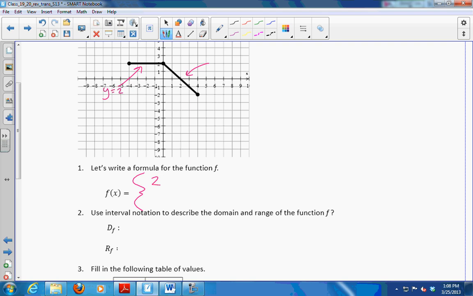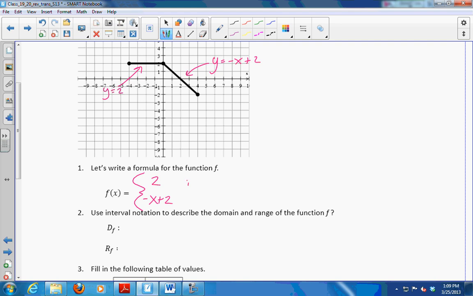Very close. The plus 2 is right because that's the y-intercept. What's the slope of this line? -1, because it goes right 1, down 1 to get from one to the next. So this is y equals -x plus 2. So those are my two formulas.